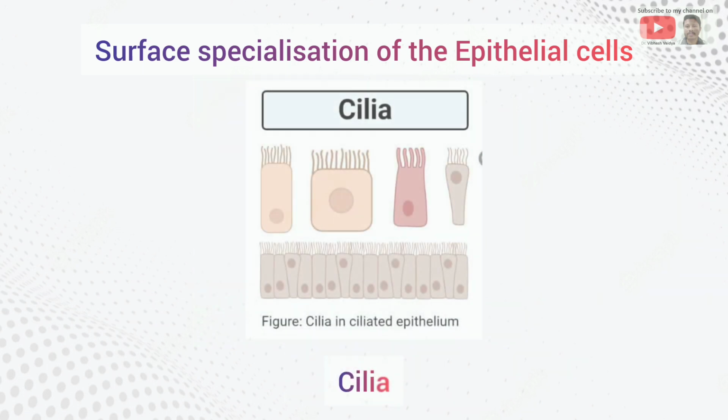Then the cilia. Cilia are elongated motile evaginations from the cell surface. They have a central pair of microtubules surrounded by 9 pairs of microtubules. They propel the fluid present on the epithelial surface in a particular direction. They are present on the epithelial cells of the large airways of the respiratory tract and the fallopian tube.